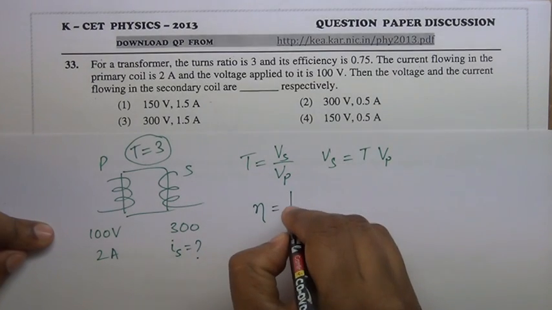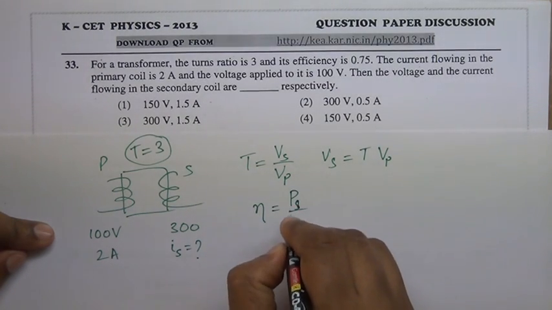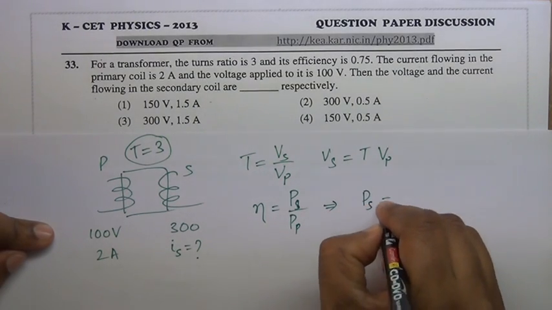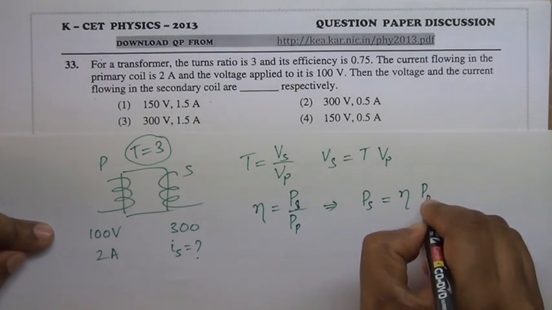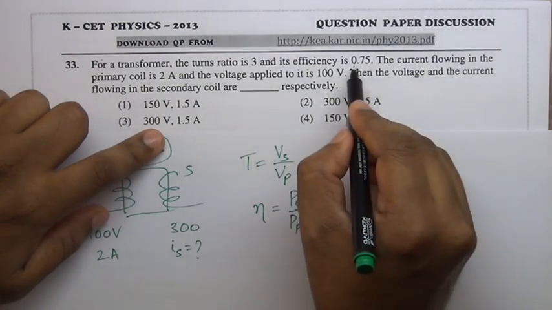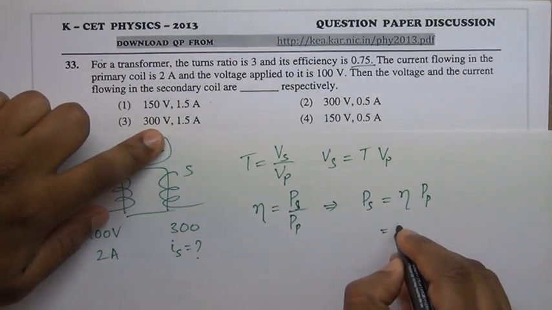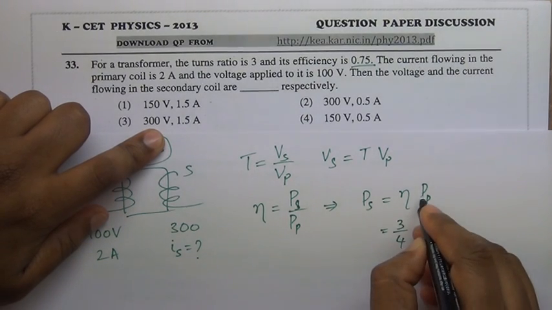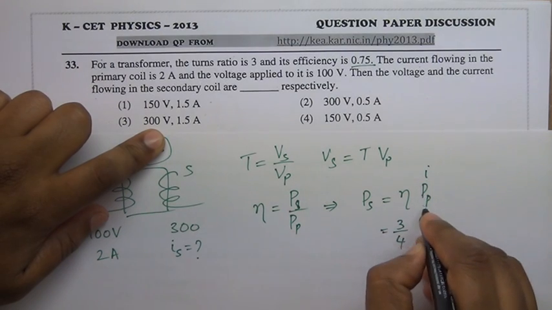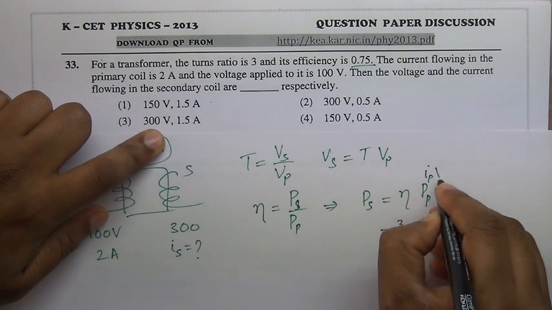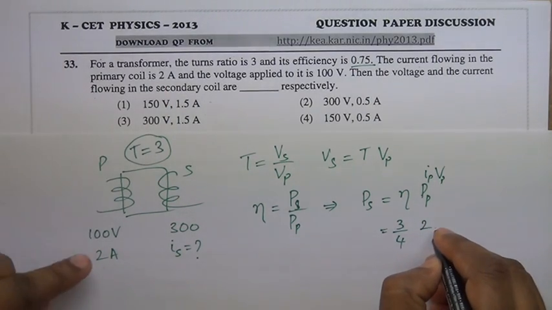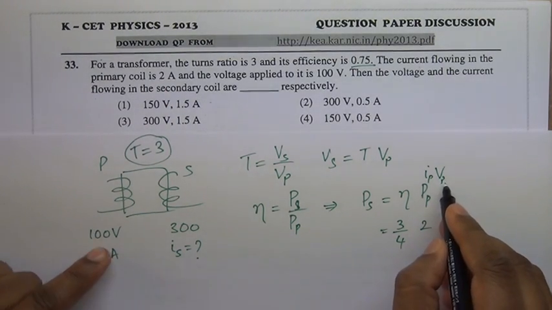Efficiency equal to power at the secondary by power at the primary. Implies power at the secondary equal to efficiency times power at the primary. Efficiency is 0.75, 0.75 is 3 by 4. Power at the secondary is current times voltage, power at the primary is current and voltage. Current at the primary is 2 ampere. Voltage at the primary is 100.